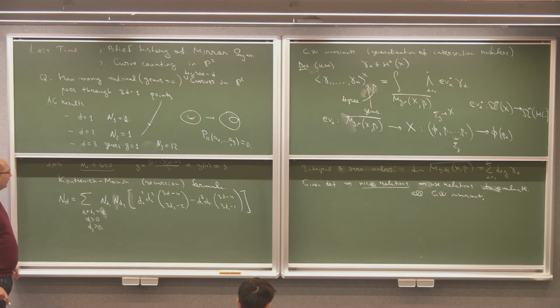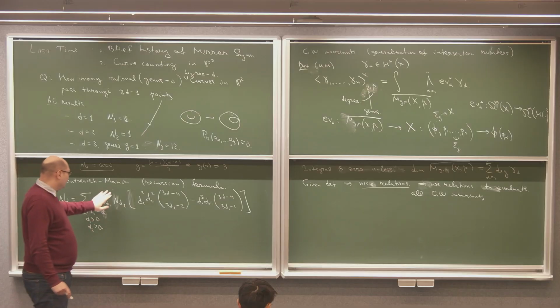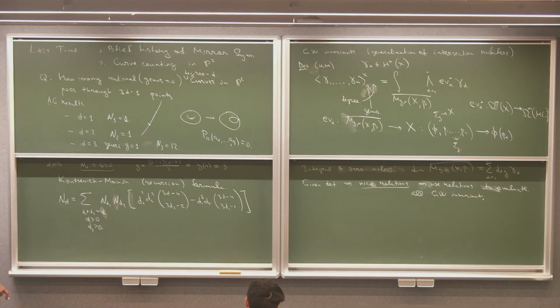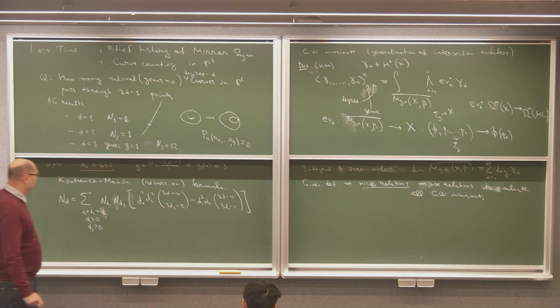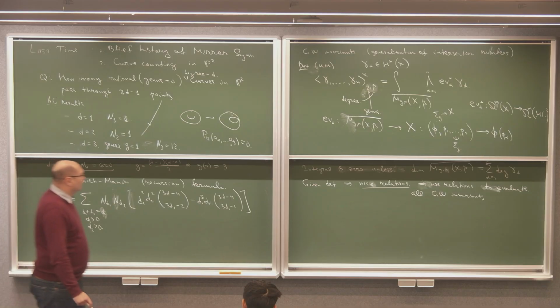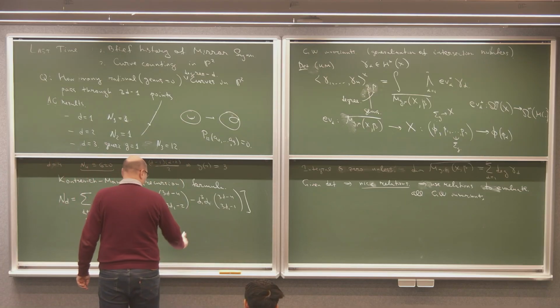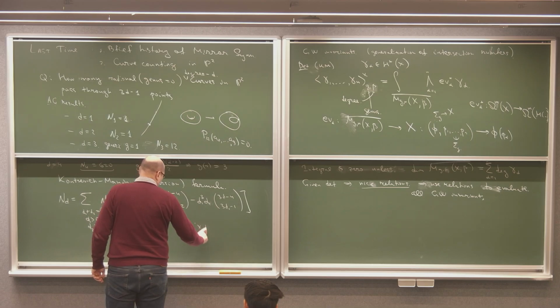So this Kontsevich-Manin approach can be generalized to complex surfaces, and I think your first homework will be essentially to generalize this construction that I will describe for P2 to the case of another simple complex surface, which is P1 cross P1.